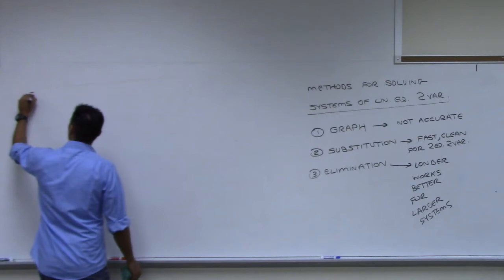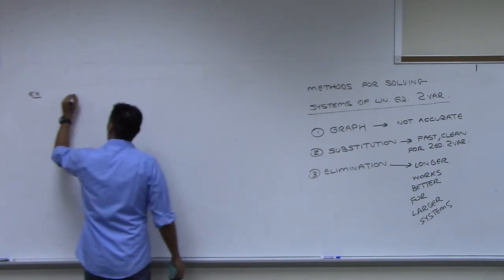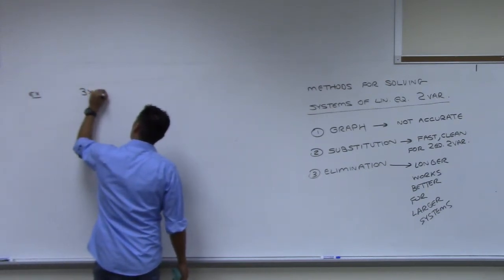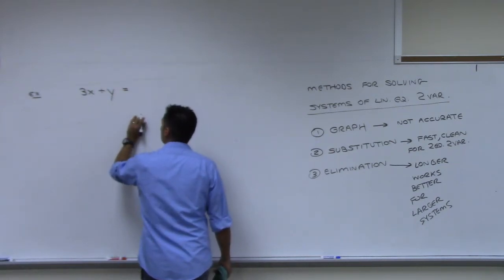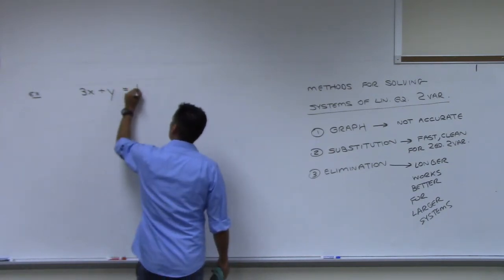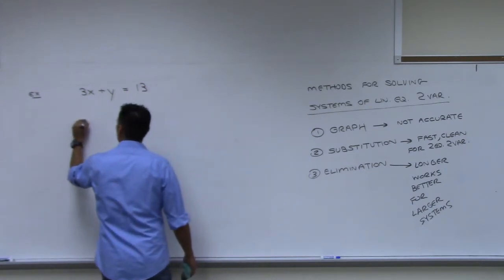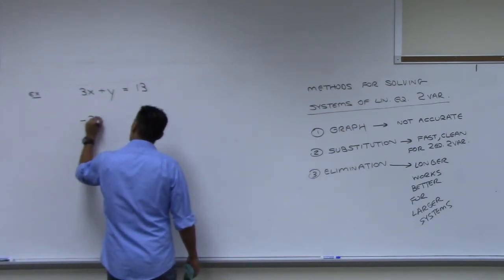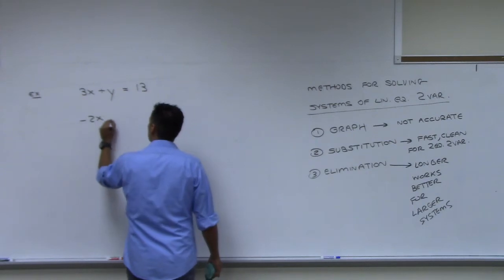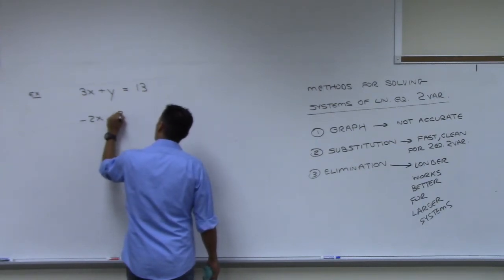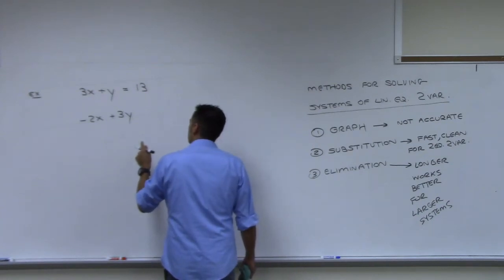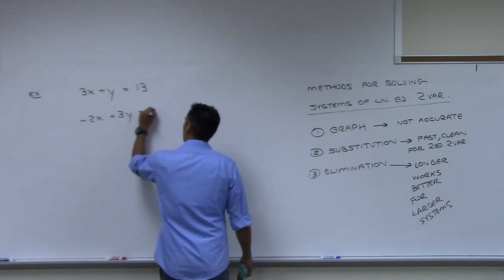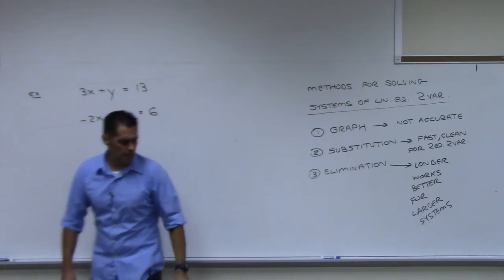So here's your first example. Let's say I have 3x plus y equals 4, 3 and 4. Okay, there we go.